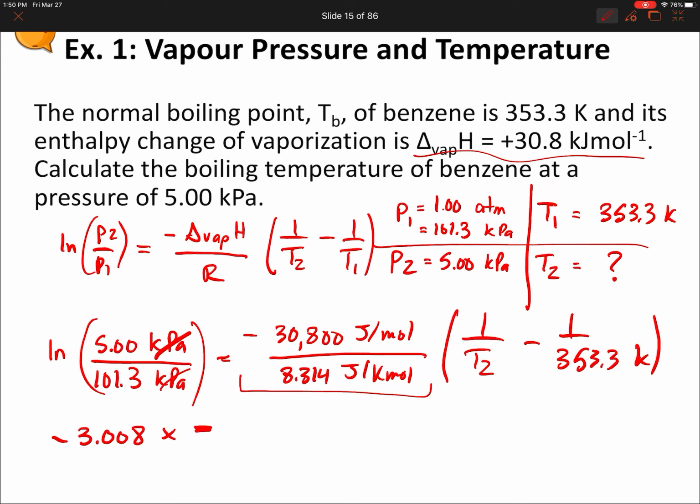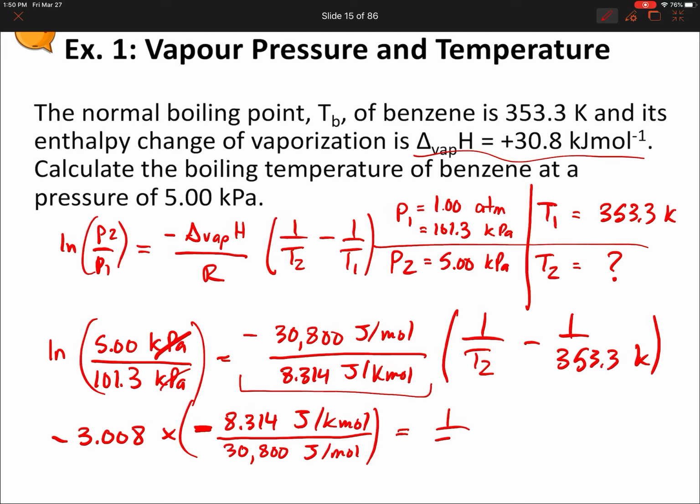We're going to say negative 8.314 joules per K mole divided by, and we can calculate this 1 over 353.3 Kelvin as well.